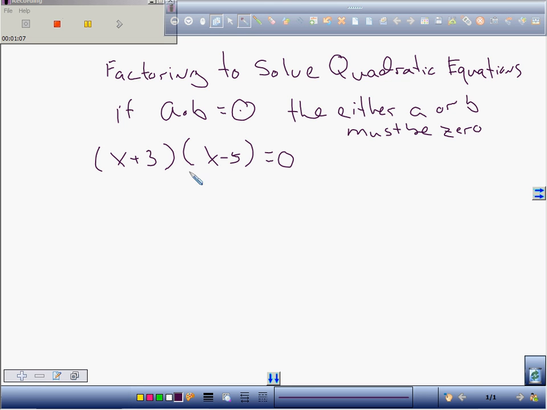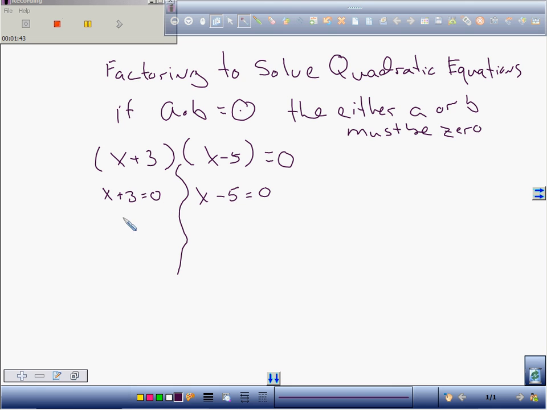So the way I solve something like this is I draw a little squiggly line, and I say either x plus 3 equals 0 or x minus 5 equals 0. Two possibilities.